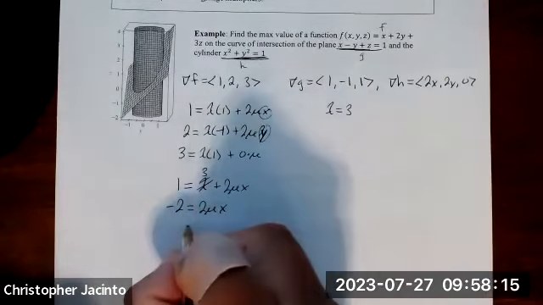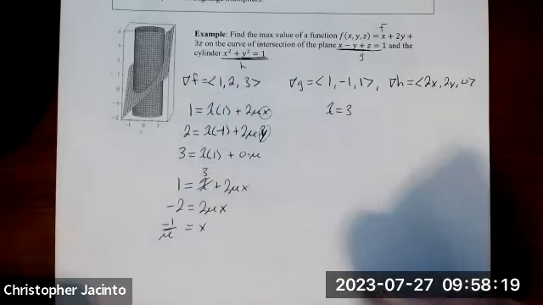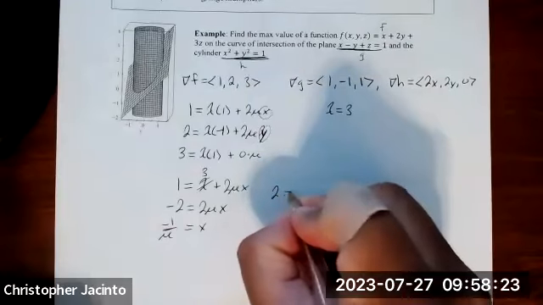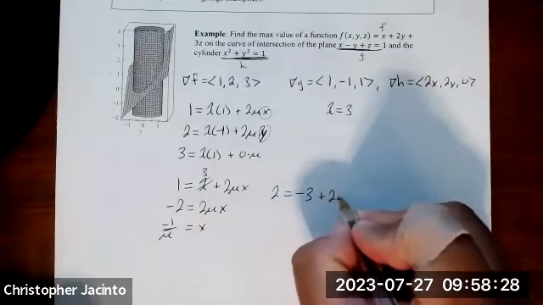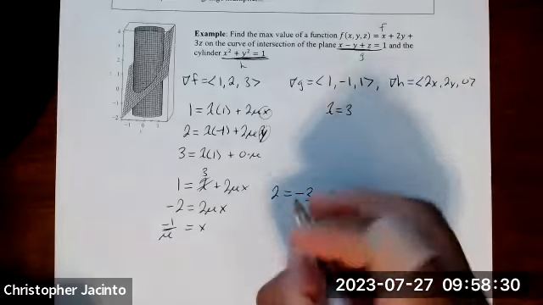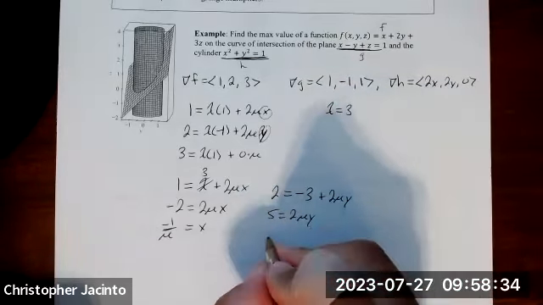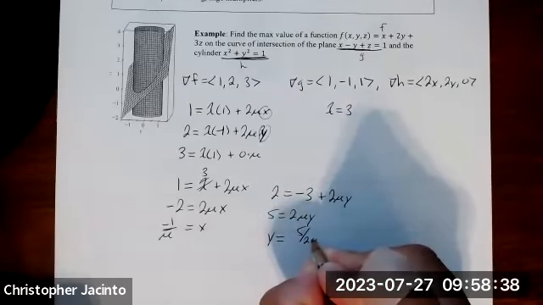So therefore, x is going to equal negative 1 over mu. Same process here. Now it becomes a negative 3. Add this over. So therefore, y is equal to 5 over 2 mu.